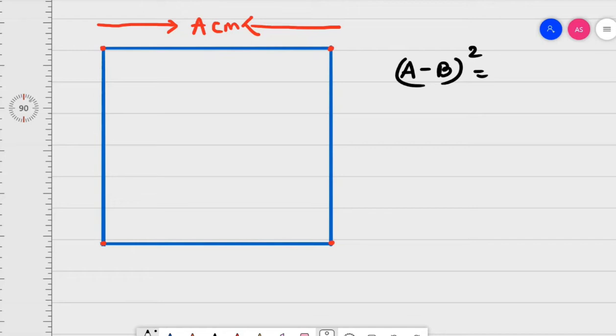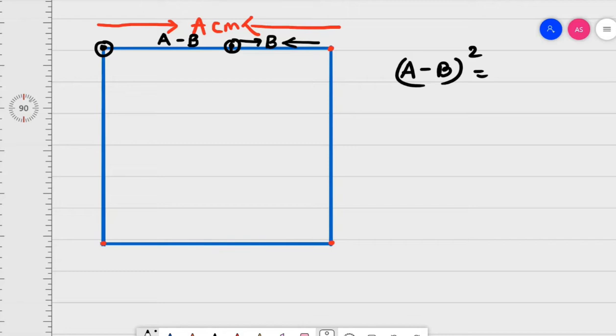Suppose this part is b. Now if this part is b and the whole is a, then this particular part, if you consider, this will become a minus b, isn't it?